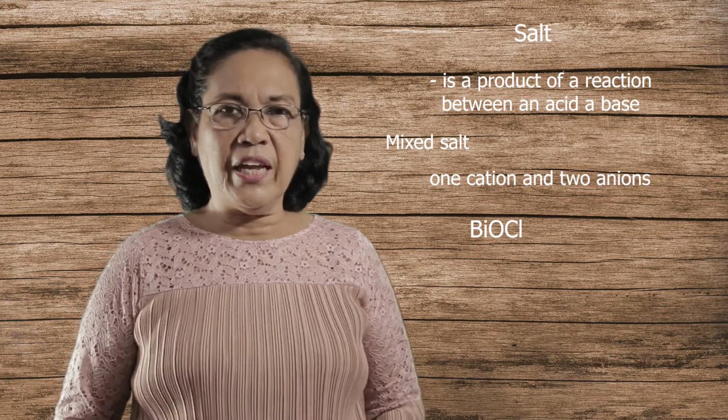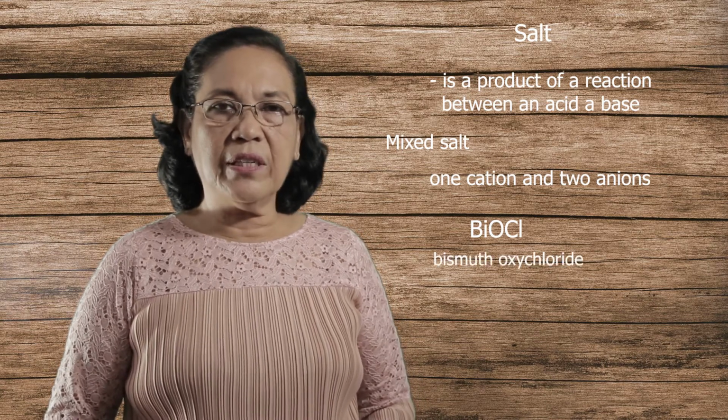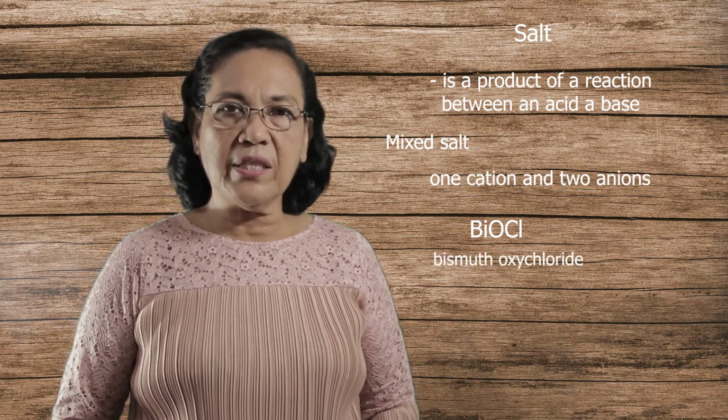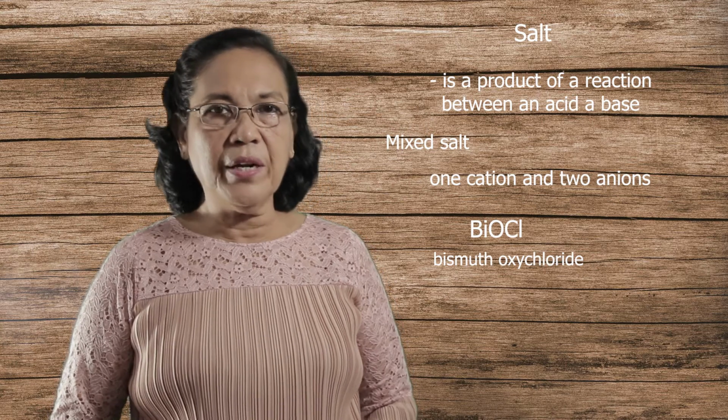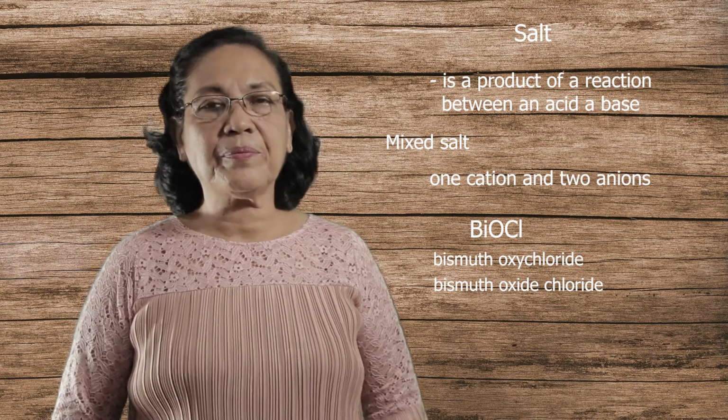And what is the name of this compound? This mixed salt is called bismuth oxychloride, or bismuth oxide chloride. So those are some examples of the mixed salts.